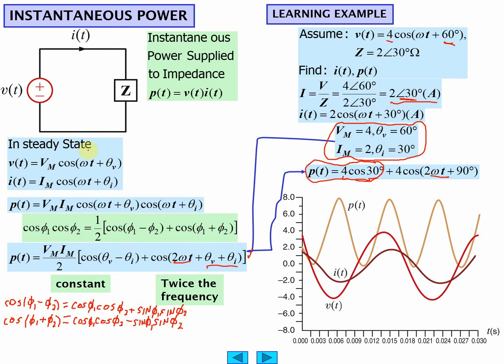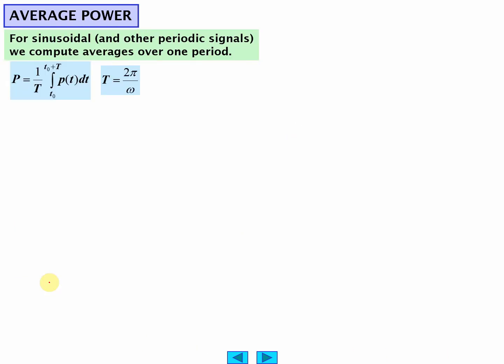Constant term here, and time varying term here. When you do the averaging, the average of the cosine is going to be 0. So average power will just be the constant term. Okay, moving on. In fact, that's the next topic.